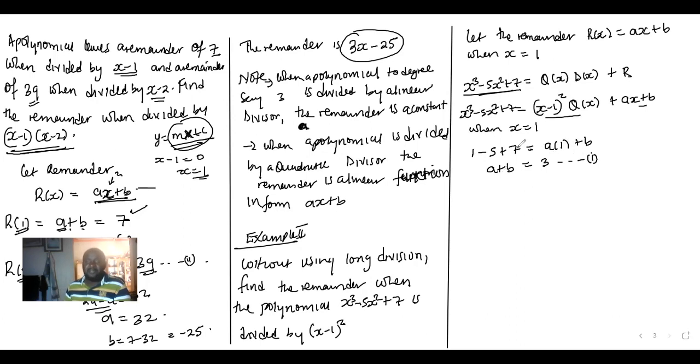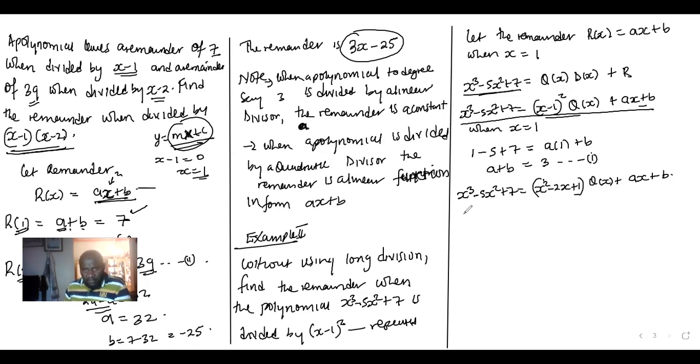Now, the second skill: because this is a repeated root, remember this is repeated, we can also use the technique of differentiation. Before you differentiate, look at this. This is the same as x cubed minus 5x squared plus 7 is equal to x squared minus 2x plus 1, times the quotient, plus ax plus b.